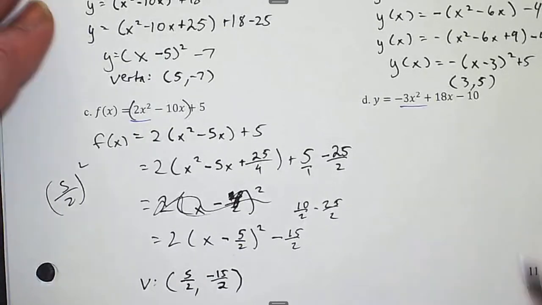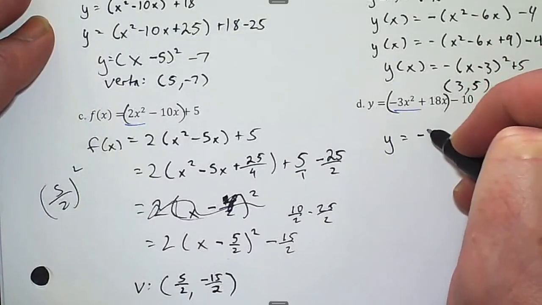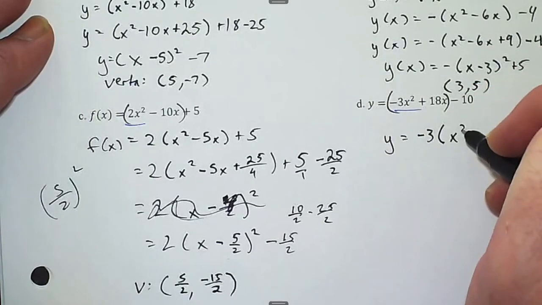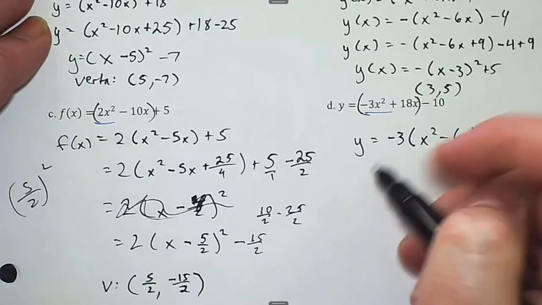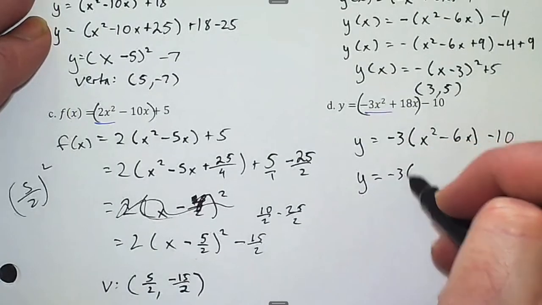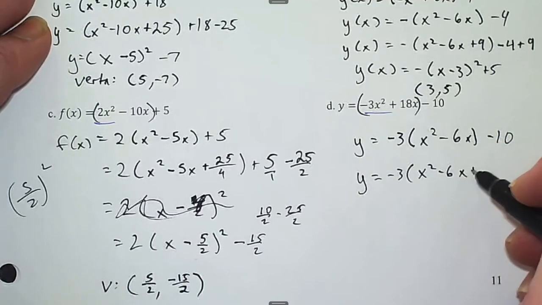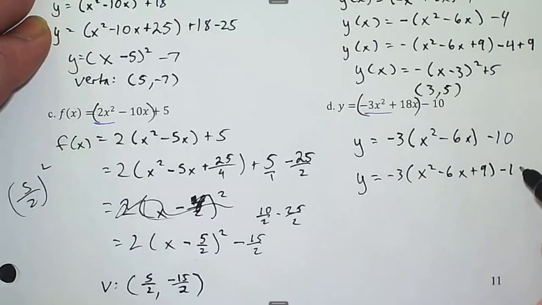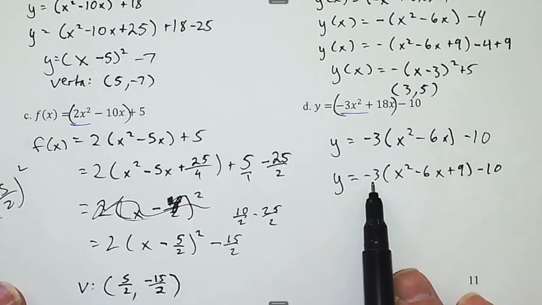All right, let's try the next one. Again, we group these first two terms, factor out this time a negative 3, which makes it look like that. Then I can take half of 6, which is 3, and square it, giving me 9. Okay, so what did I do, though? I added a 9, but times negative 3.